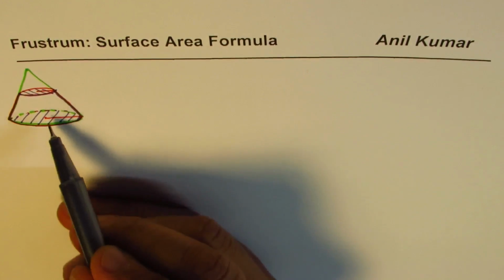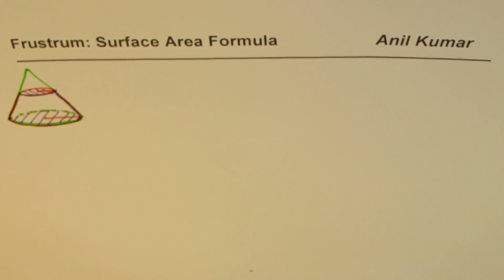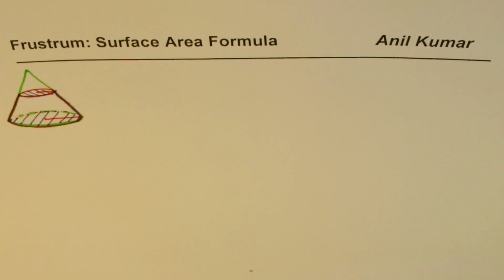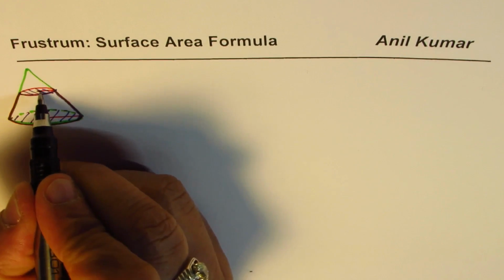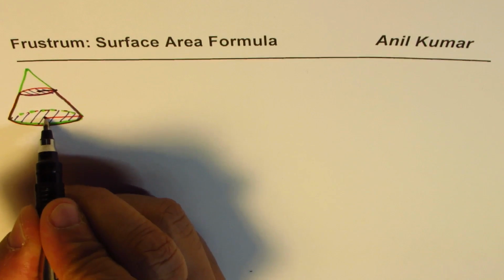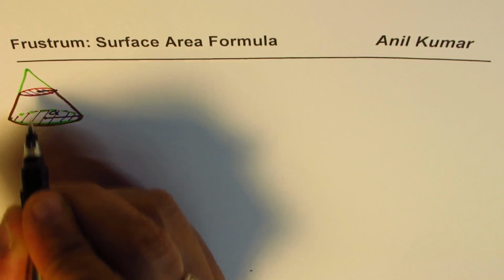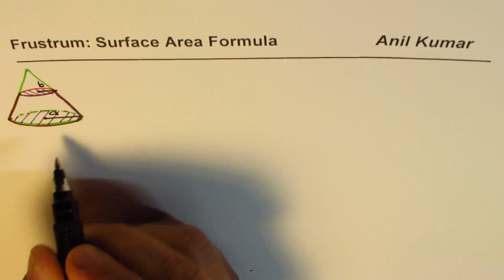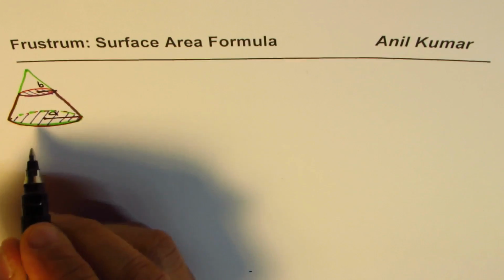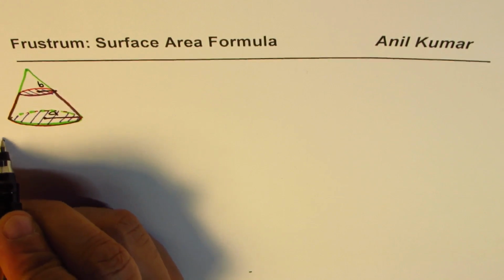Now we will not get into details for top and bottom since you know those areas. Those areas are areas of circles, right? So what I will do here is just write radius of these guys. Let's say this is radius A, okay, and this is radius B. Okay. Now in that case, what I will say is that circles, right?